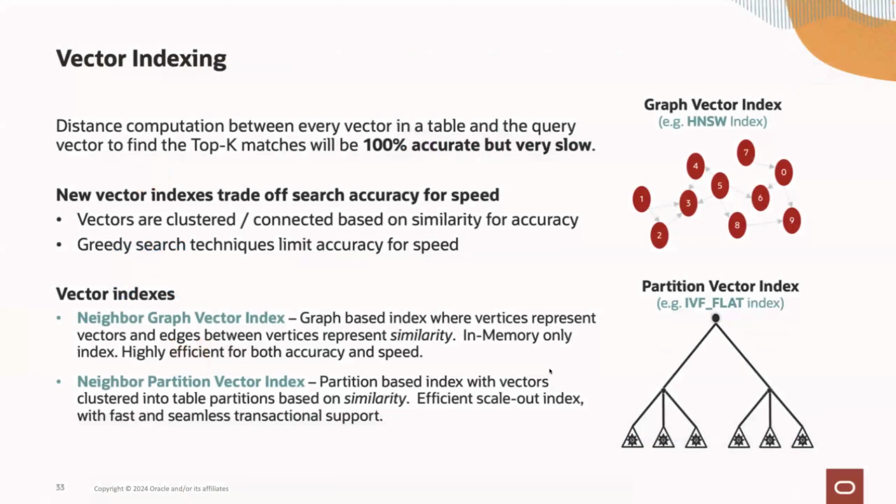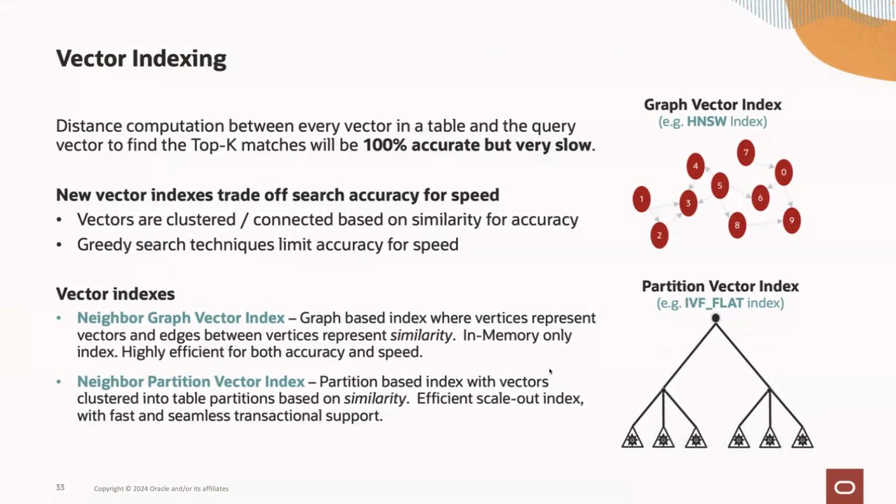We support different types of indexes. For in-memory style indexes, we have hierarchical navigable small world indexes. And for disk-based indexes, or where your data may be too large to be loaded into memory, we have IVF flat indexes.